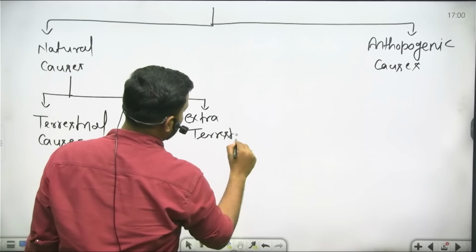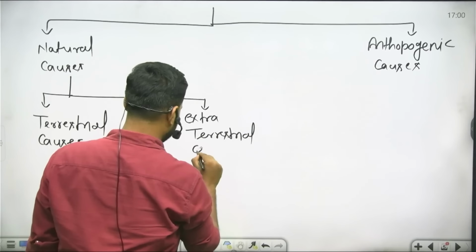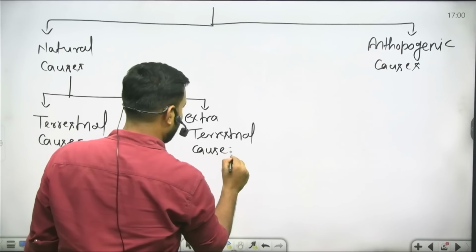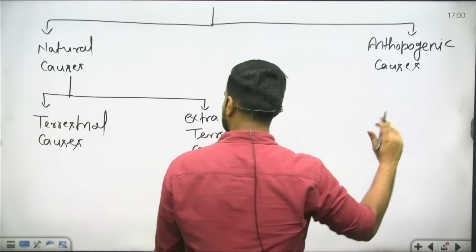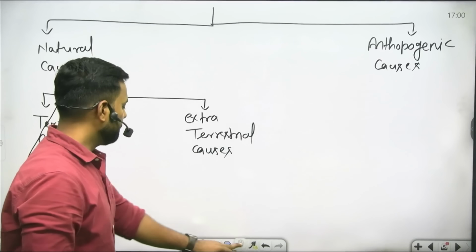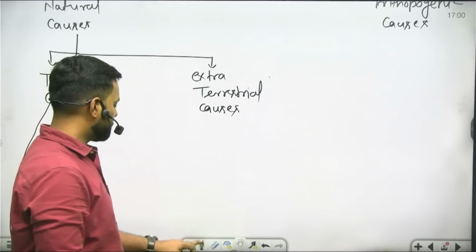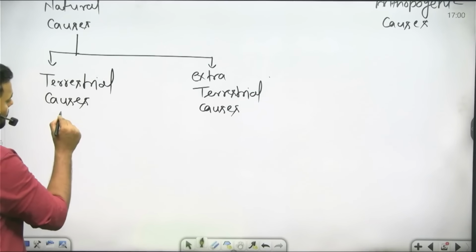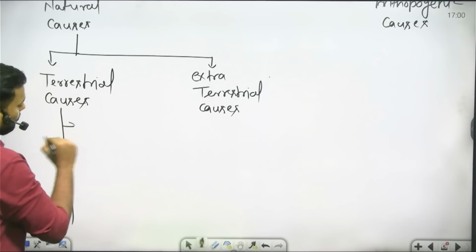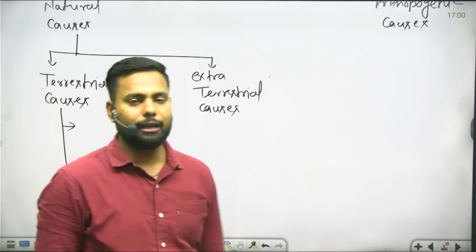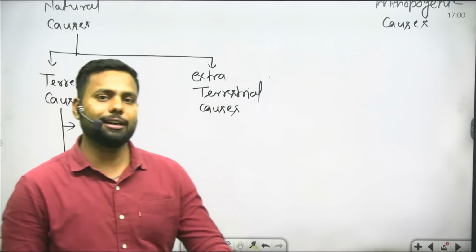In the anthropogenic causes, we will discuss later. Firstly, we are going to discuss the terrestrial causes. Terrestrial causes are those causes which happen naturally and which are associated with the earth.